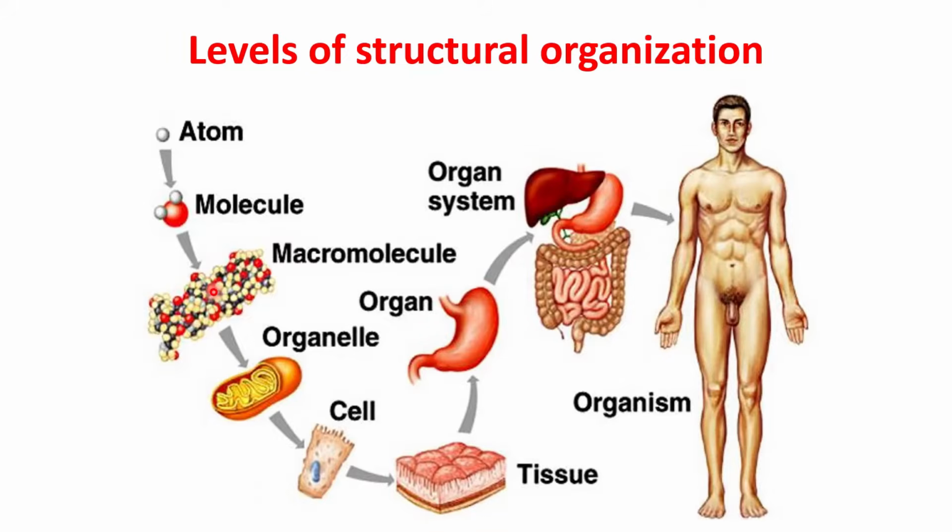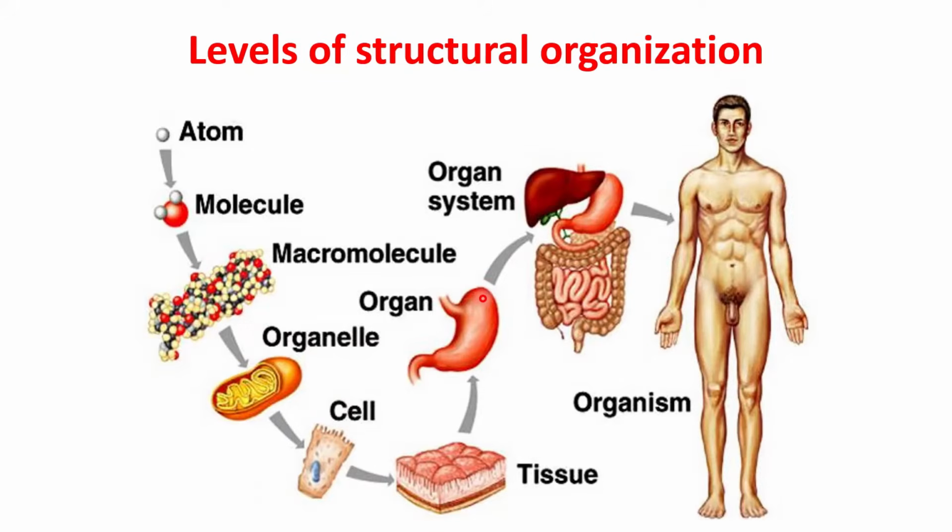Then the macromolecules form the small structures that you see in cells, that is the various organelles. So for example, you can have a mitochondria, a Golgi apparatus, ribosomes, rough endoplasmic reticulum. So a collection of organelles will give you a cell. Then various cell types will give you tissues. Then multiple tissue lineages will give you an organ.